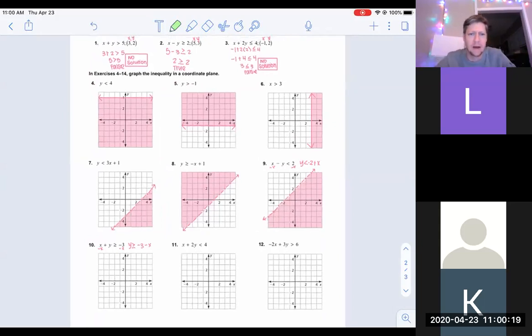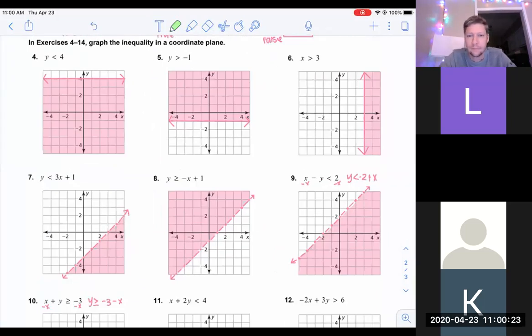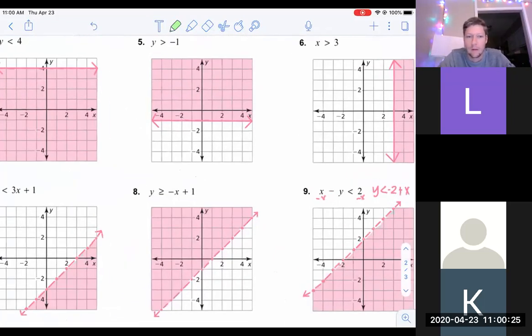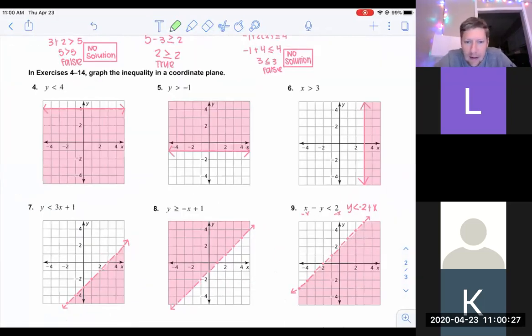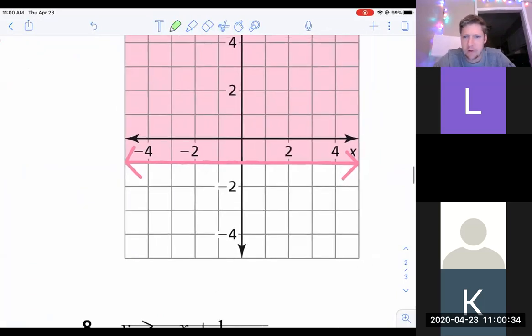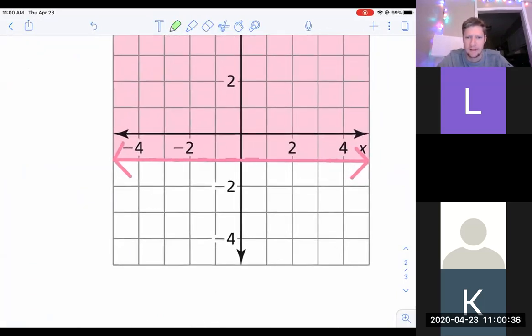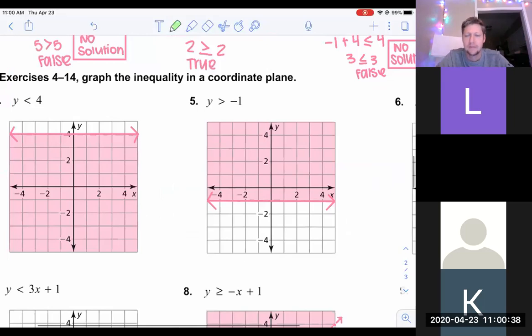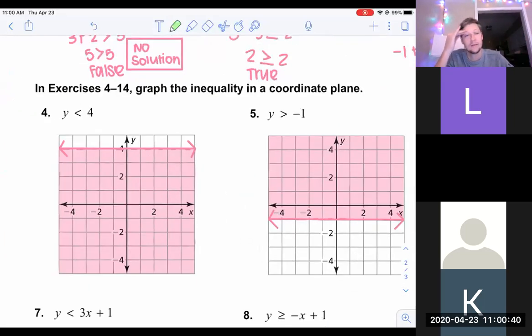Or they should be dotted lines. Dory's here too. I can't tell if they are or not. It looks like you started with a dotted line and then went over it with a solid line. Yeah, I think that's what I did because I confused myself.